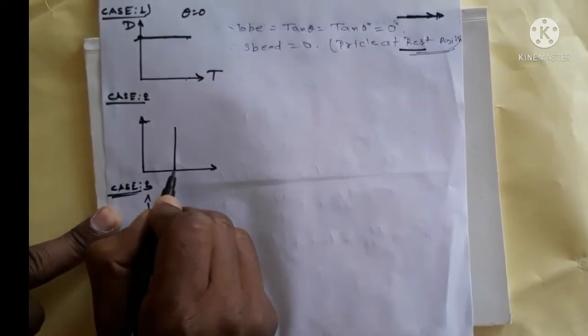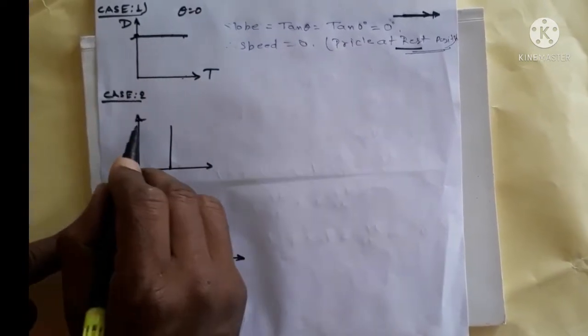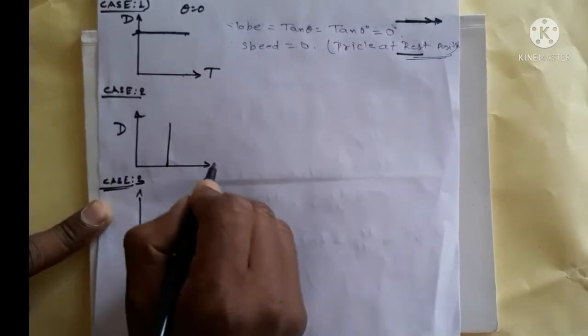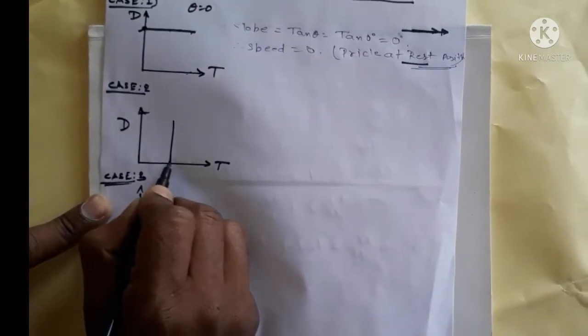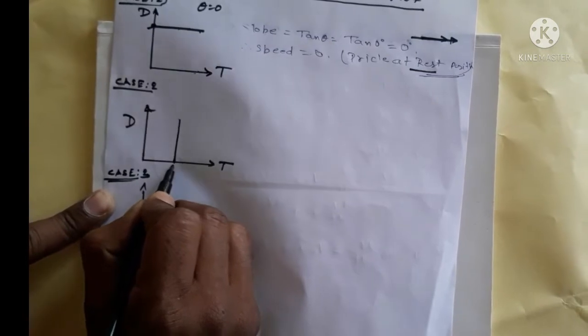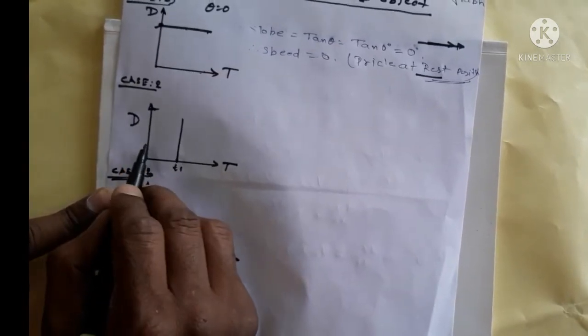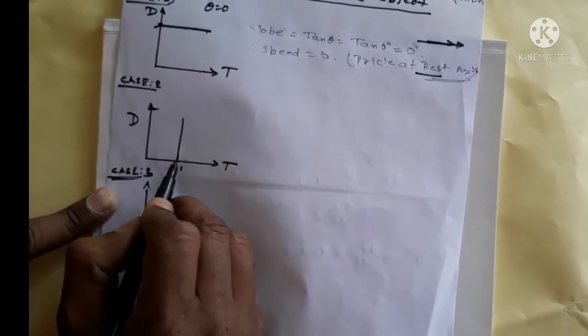Now the second case, this graph is perpendicular to time. This is the time and this is the distance. Here you can see this is time t1, and the distance increases but time is fixed.